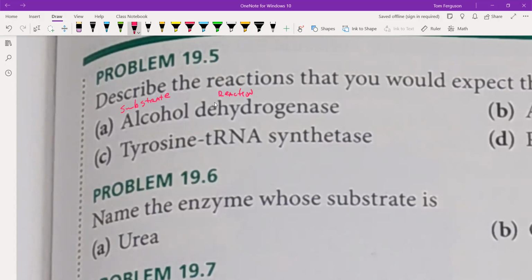The substrate in this case is an alcohol, and dehydrogenase removes one hydrogen. When you remove a hydrogen, that's oxidation. And when you remove one hydrogen from an alcohol during oxidation, you produce an aldehyde.